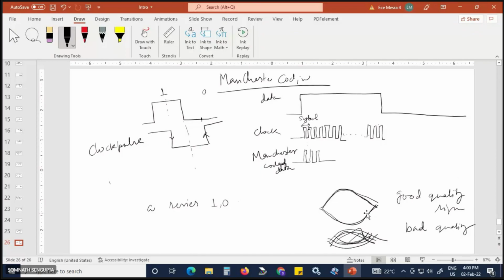So the eye pattern will tell you many things. It is used highly in digital communication systems.